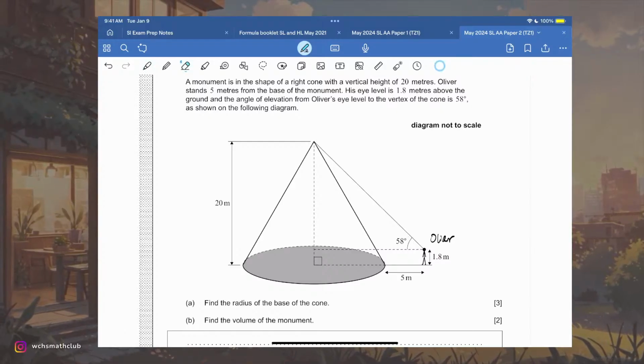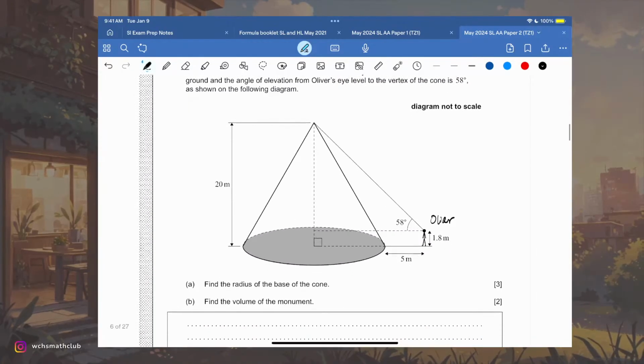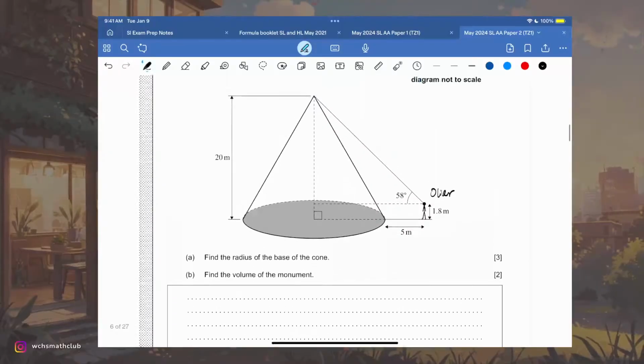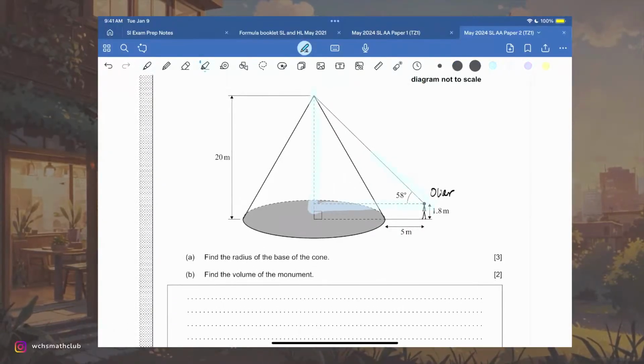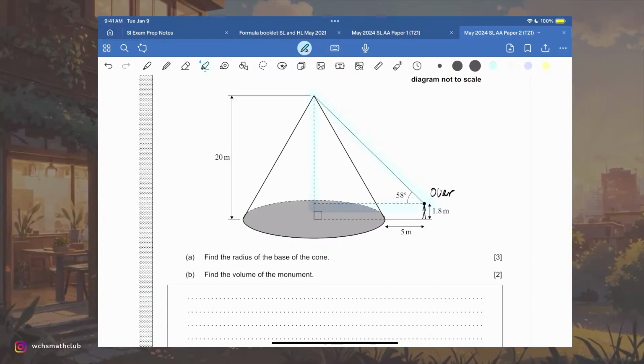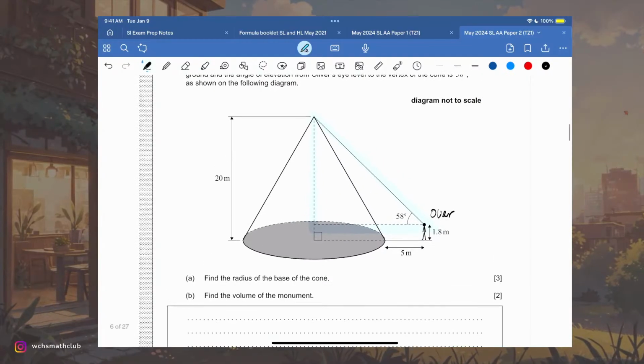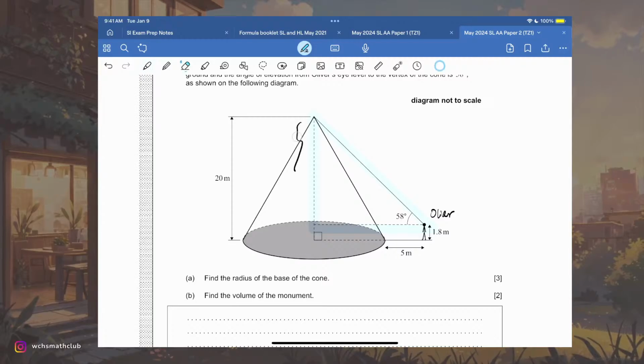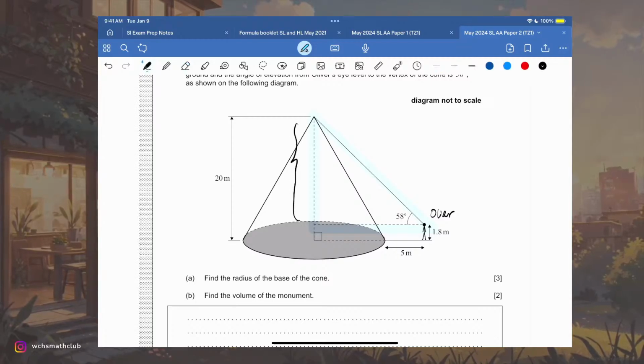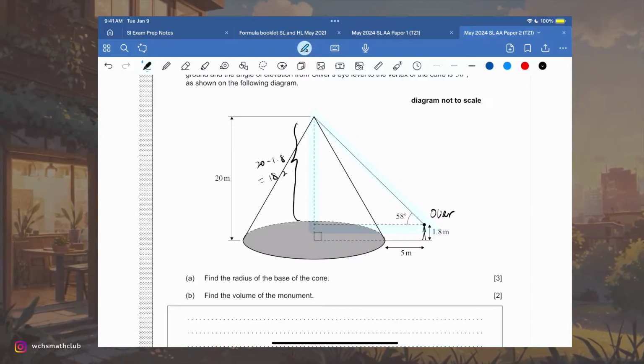So question A asks us to find the radius of the base of the cone. What we can do here is consider this triangle over here. We can find the length of this by subtracting 1.8 from 20. So this is 20 minus 1.8, which equals 18.2 meters.